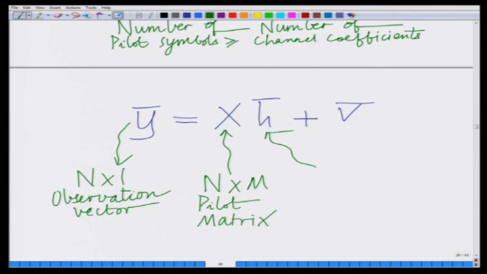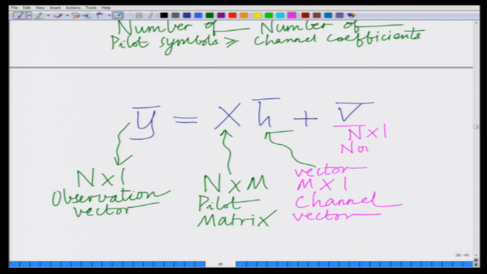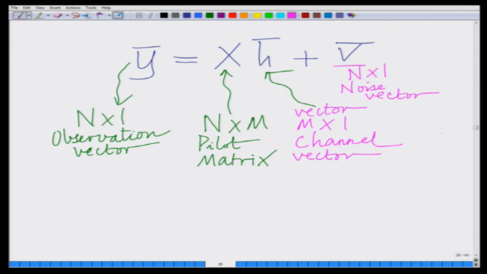This is the vector of m channel coefficients, m cross 1, simply called the channel vector, and this v bar is your n cross 1 noise vector.